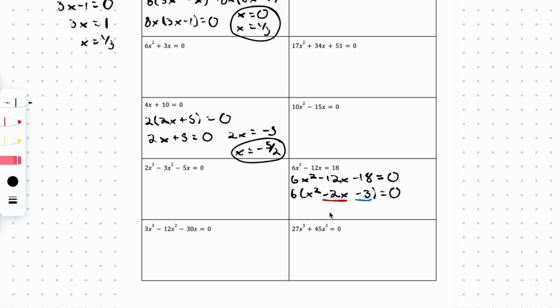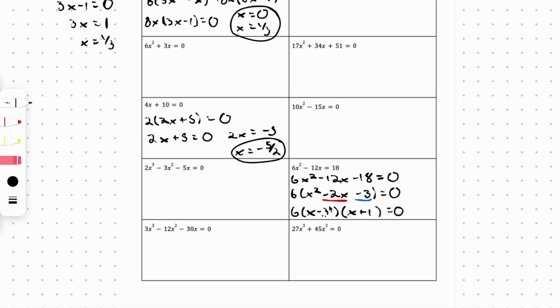So our two factors that multiply to -3 and add to -2 are going to be -3 and +1. So I'm going to factor this. I'm going to put x and x here. And we said our two numbers are going to be -3 and +1.